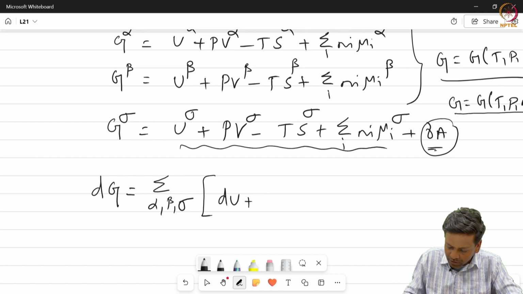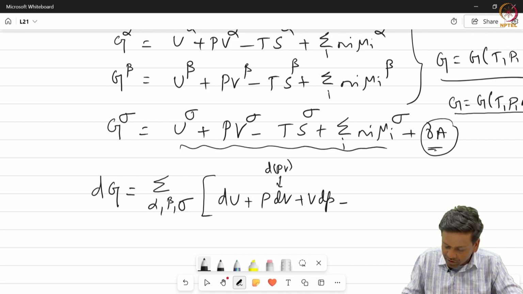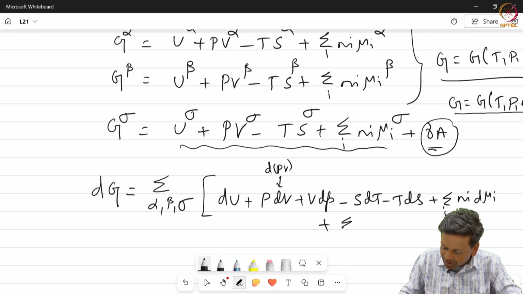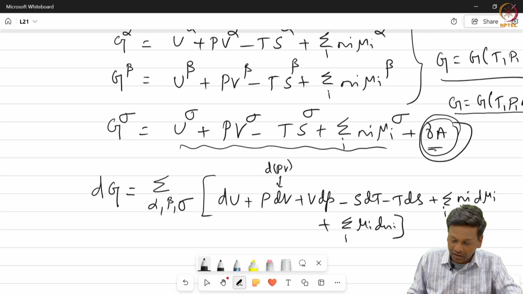It will be dU plus PdV plus VdP minus SdT minus TdS, plus summation over i of n_i d mu_i plus summation over i of mu_i dn_i. The additional term will not be put inside this bracket, because it is only applicable for the interface.